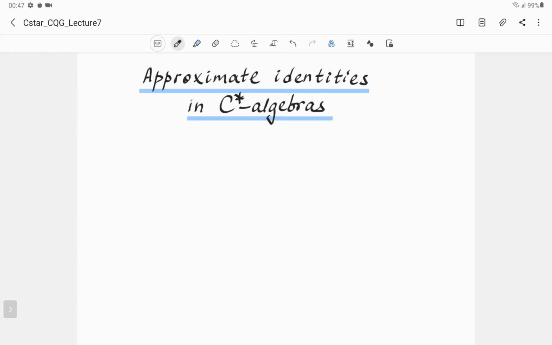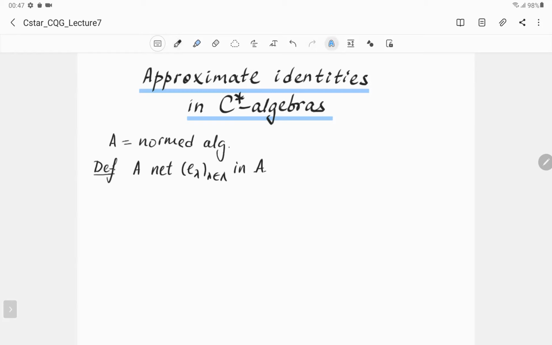Well, first of all, let's recall the definition. Suppose that A is a normed algebra, and suppose that we have a net e lambda in A. So let's recall that a net is a kind of generalized sequence.